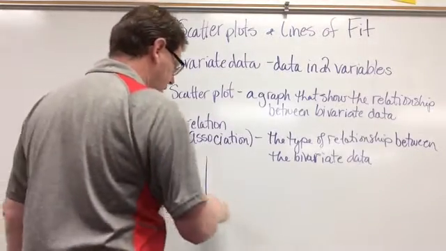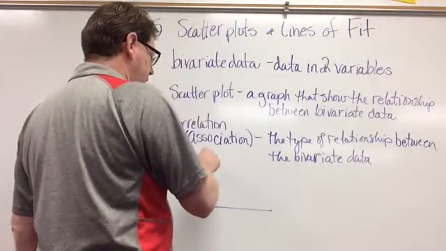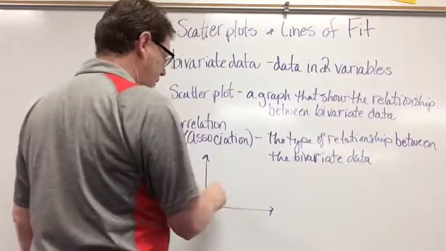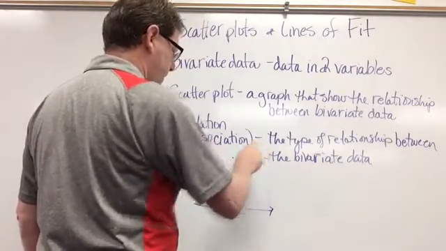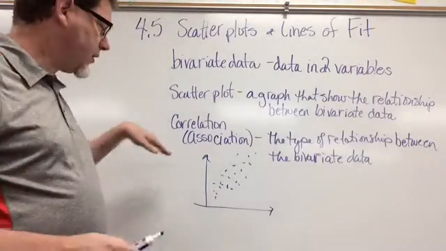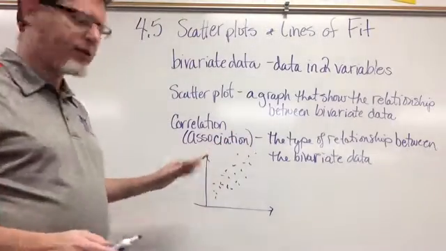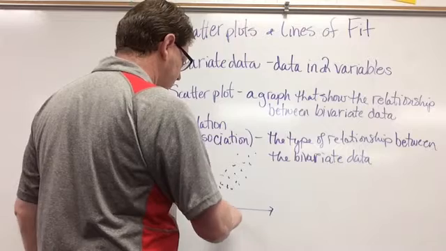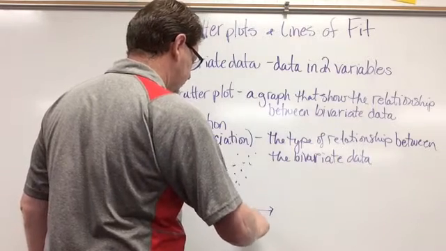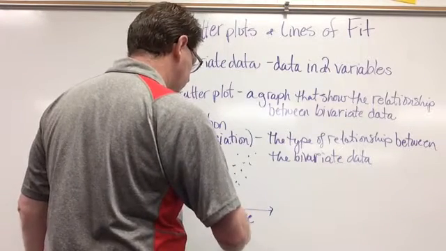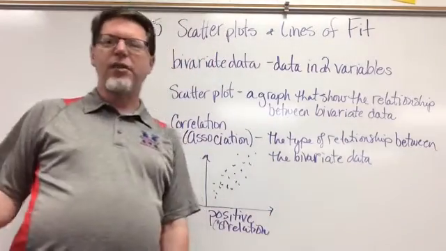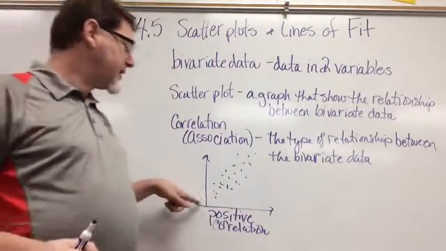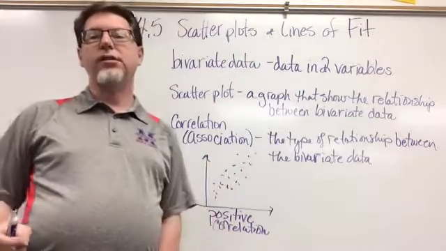So I'm going to draw a quick x-axis and y-axis. And I might have some dots that are scattered like this. Okay? And this type of relationship would be a positive correlation. The reason it's a positive correlation is because as the x increases, the y is increasing as well.